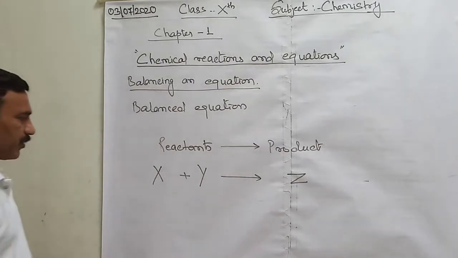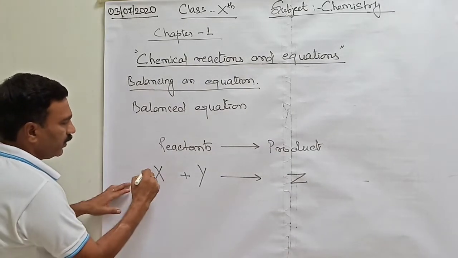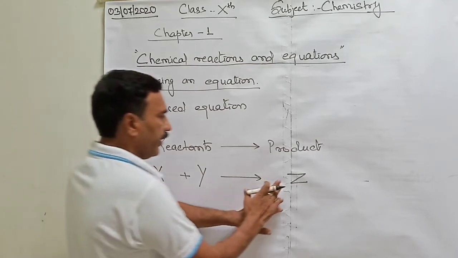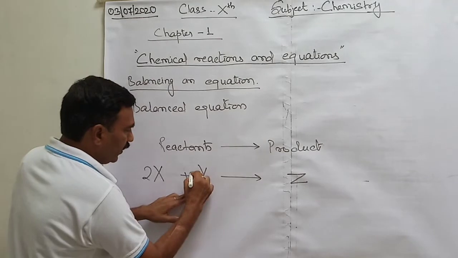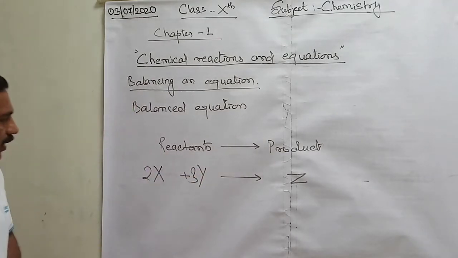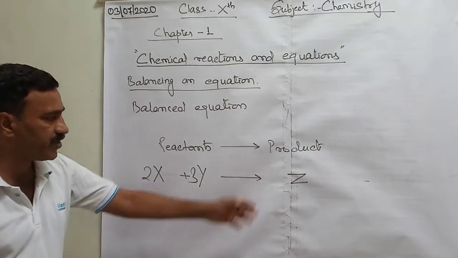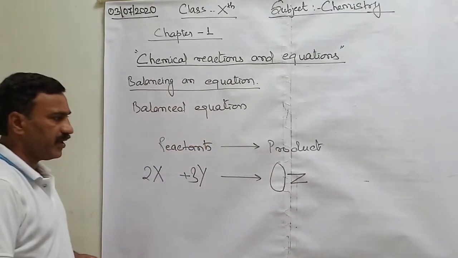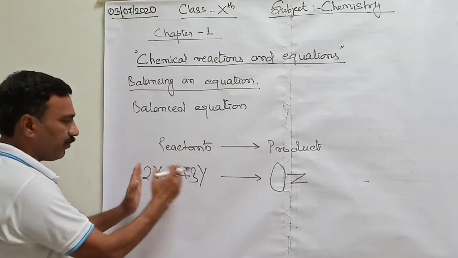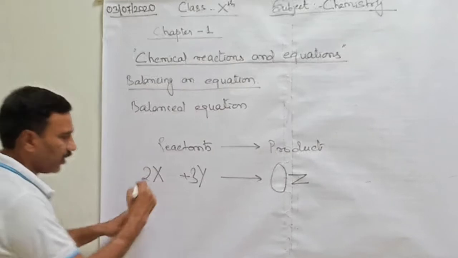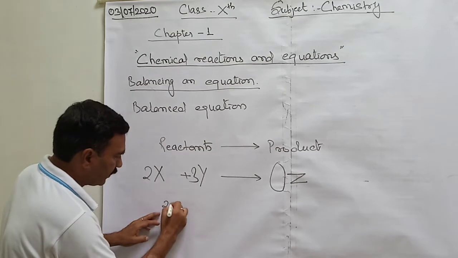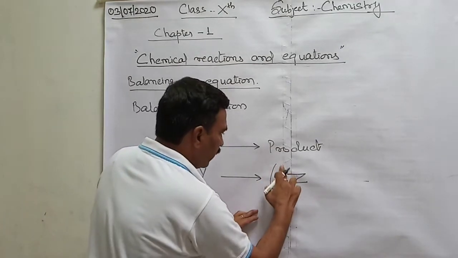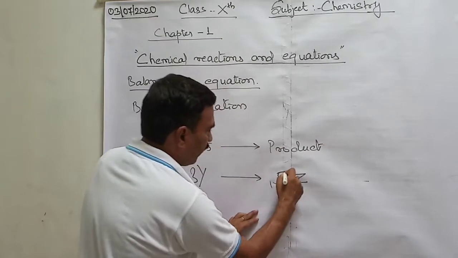Got it? Now suppose 2 units of X have combined and 3 units of Y have combined to give Z, then the mass of Z must be equal to the mass of these two. That means the weight or the number of these two is 5, hence this also should be 5.